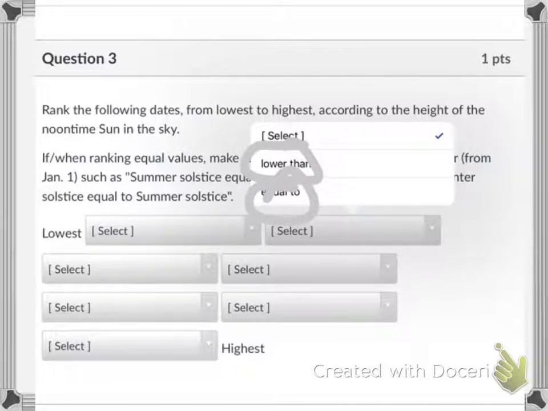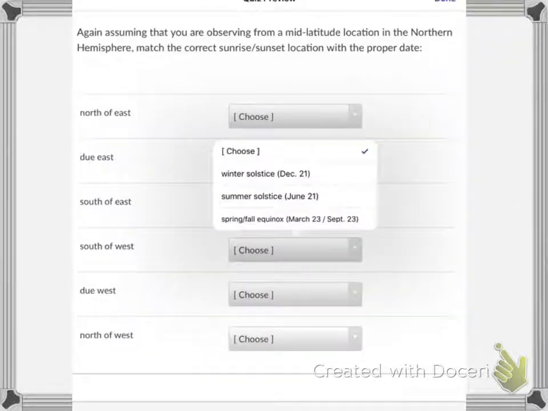So again, we want to rank these different dates according to the height of the noontime sun in the sky. You want to go from lowest to highest, and keep in mind that you may have a couple of dates that are essentially the same height above the horizon. So keep that in mind as you're ranking them.